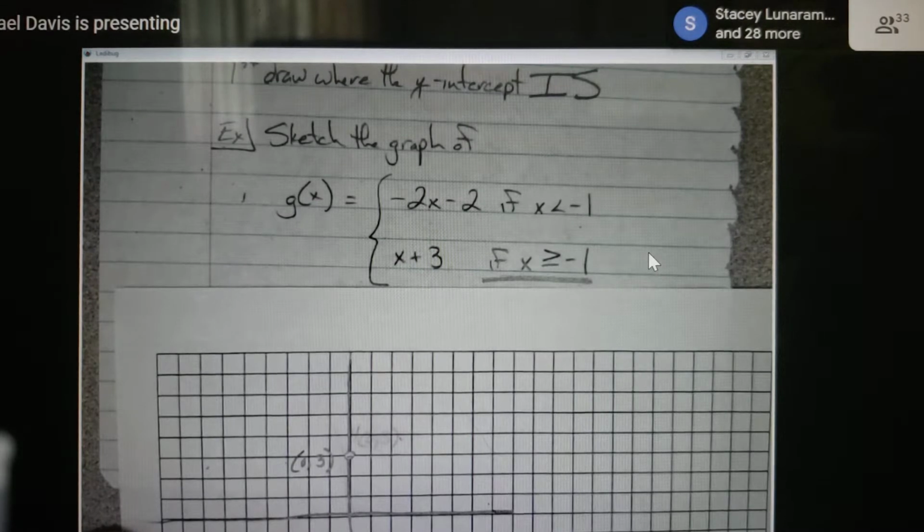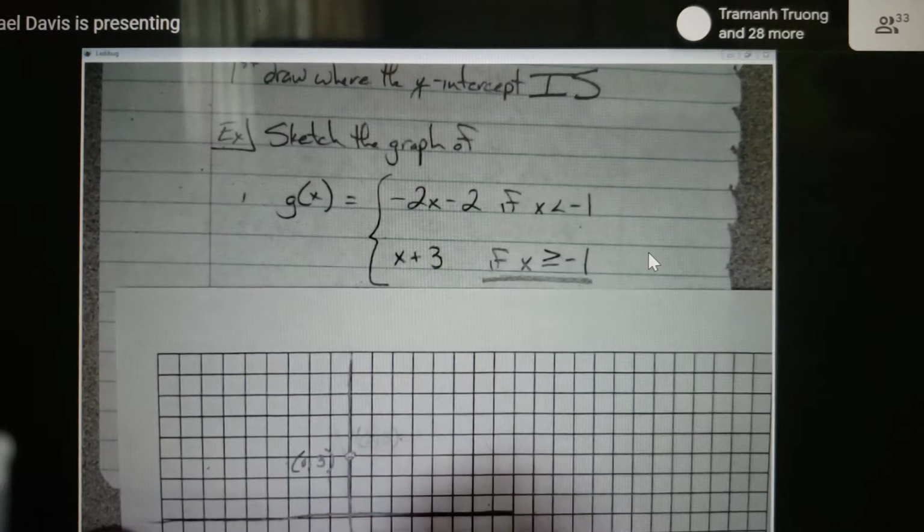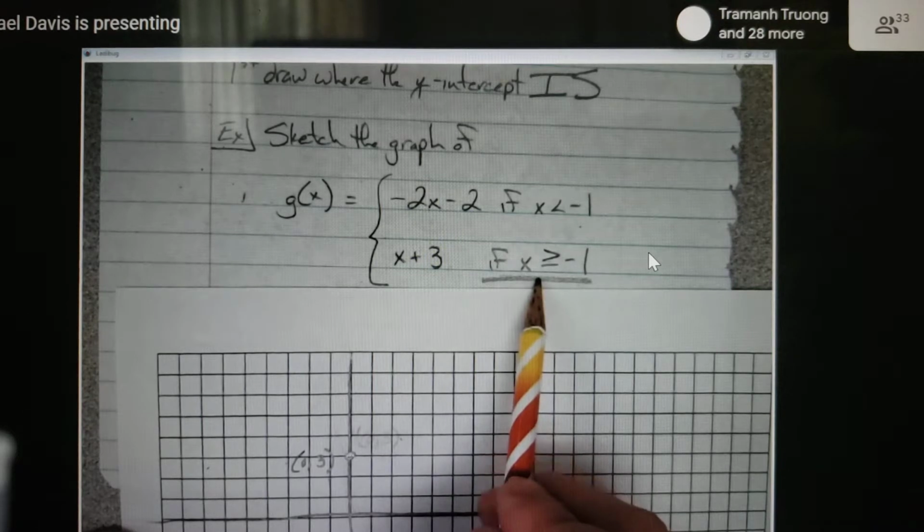My slope of positive 1, I can either go up 1 and to the right 1, or I can go down 1 to the left 1. It doesn't matter because both of those locations will end up giving me an x-coordinate that is greater than or equal to negative 1.